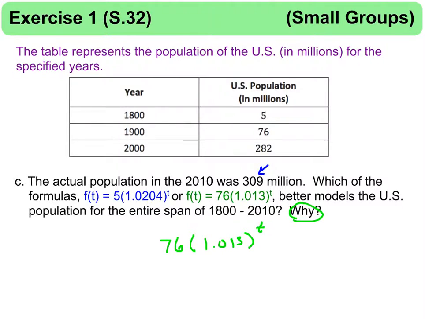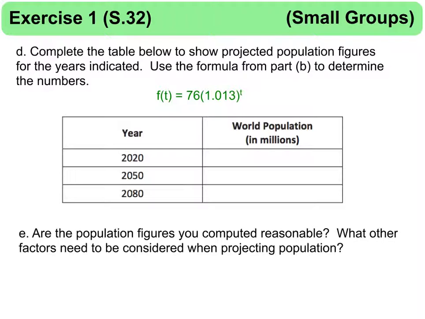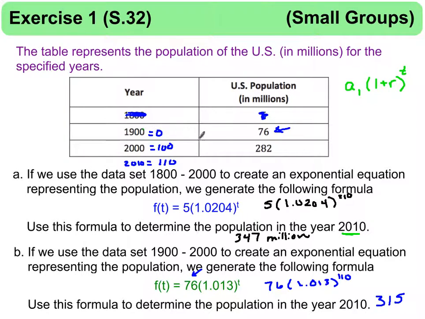populations anyway. So if we look at letter D, they say complete the table below to show projected population figures for the indicated years. Use the formula from Part B to determine the number of years. And so while I won't do these in specific each time, remember, if we chose this particular model, the 76, 1.01, that's this one here, that started off with 1900 as 0.